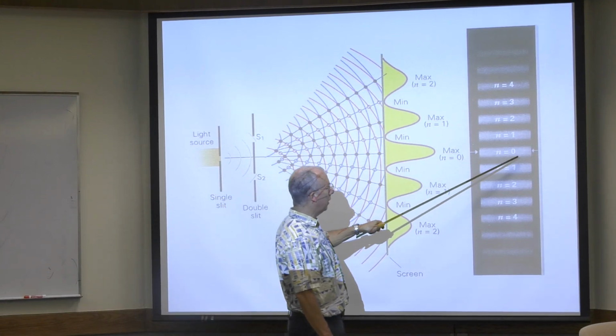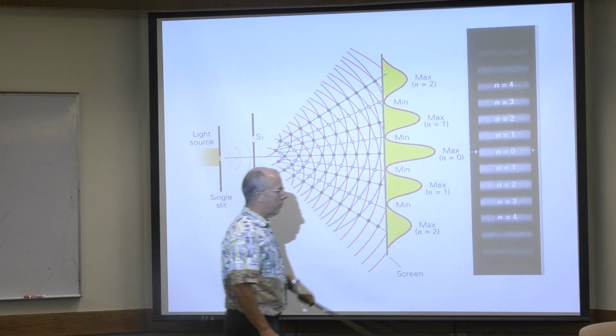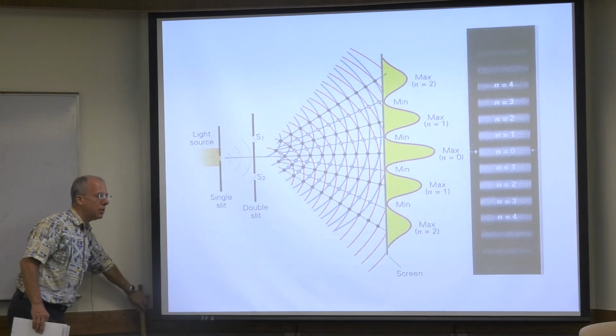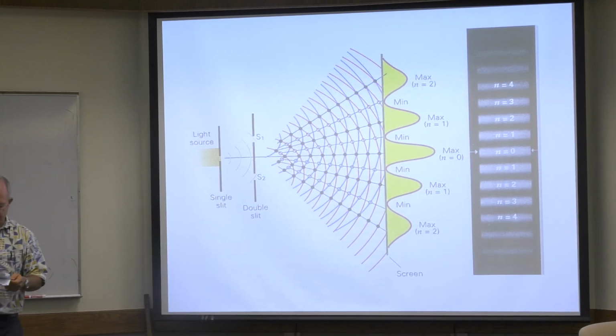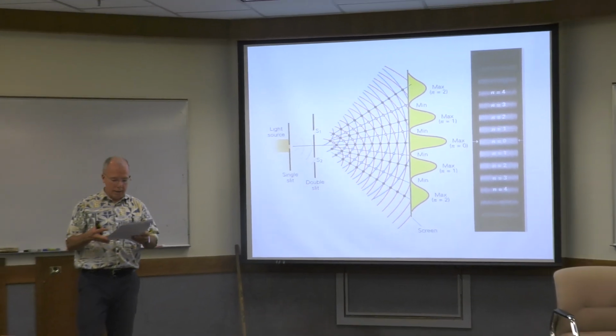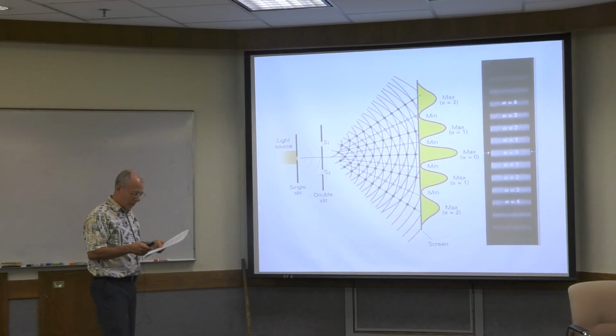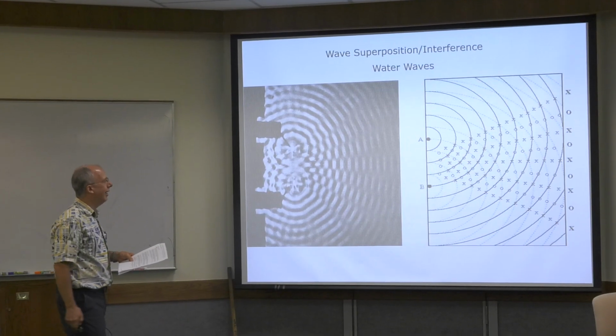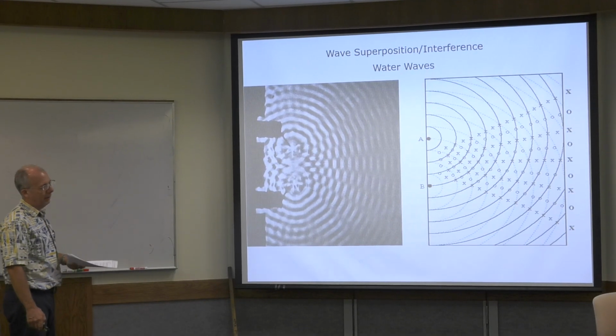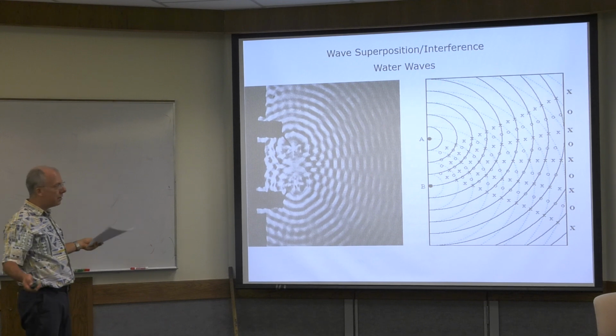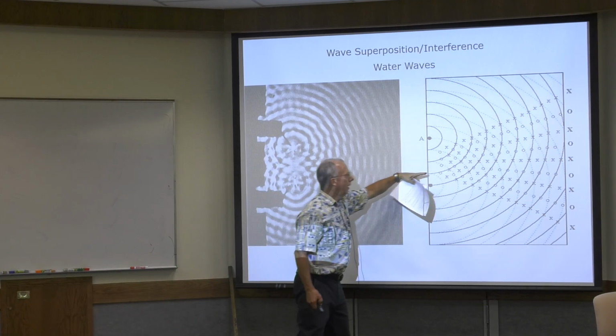It's brightest here, and then it kind of dies off. So we're going to figure out the positions, and then the correct intensity. And it's going to take us a while, and we're going to learn a lot. That's what we saw with water waves. Exactly the same thing.